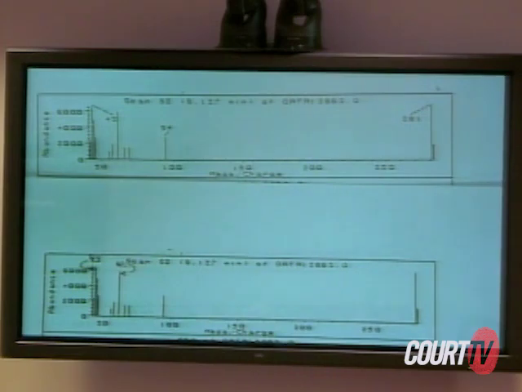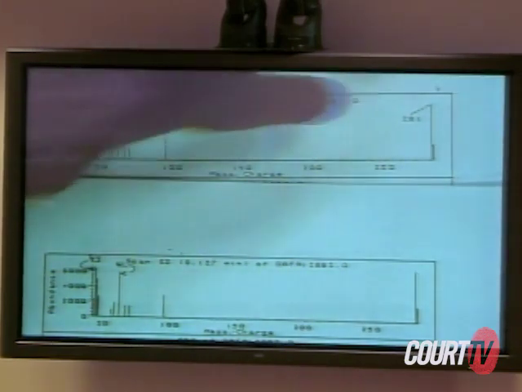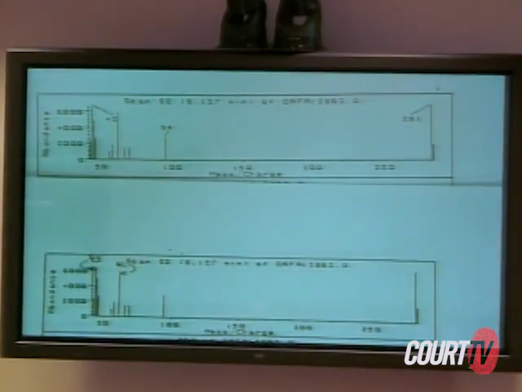Now, can you see that clearly up there? Yes, sir. Now this top portion, there's a number over here, 281, correct? Yes, sir. And tell us what that is. That's just a mass ion. Now when you're in the field of mass spectrometry, when you're talking about gas chromatography, is there something called an ion of interest?